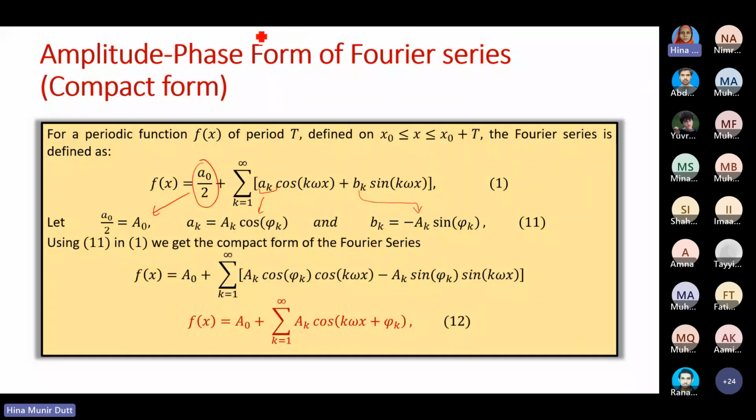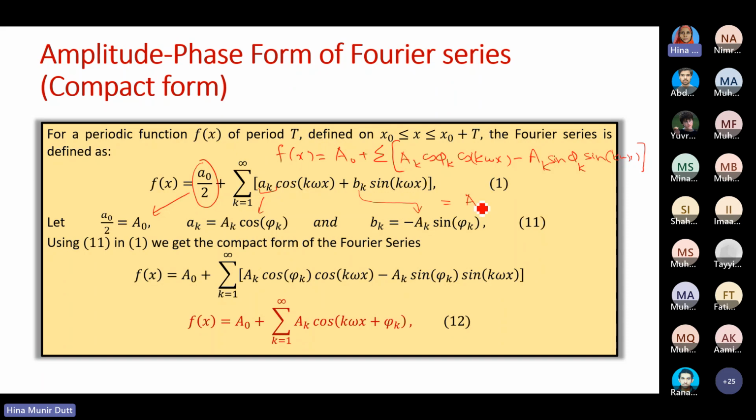So putting in the values of ak and bk, I will get f of x equal to A naught plus the summation of Ak cos phi k cos k omega x minus Ak sine phi k sine k omega x.